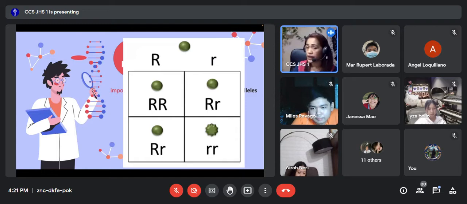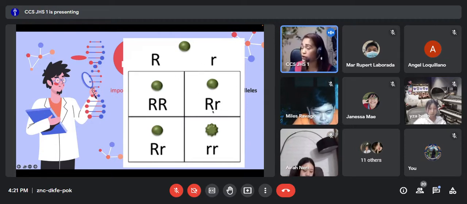So as you can see here, we have a homozygous dominant. What is expressed on the organism is, of course, the dominant option. If you have a heterozygous genotype, just like this one, meaning a carrier of the recessive, what we see on the seed shape, or what is expressed on the seed, is that it's round, just like your homozygous dominant.